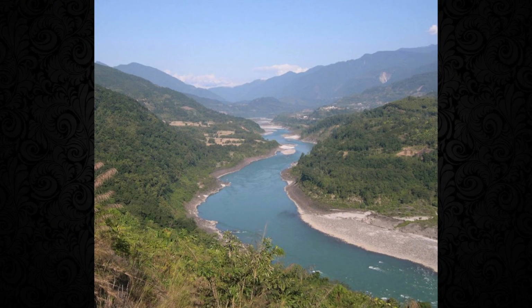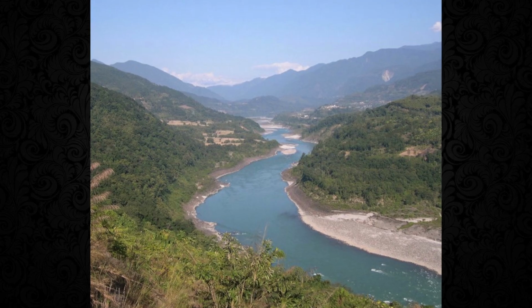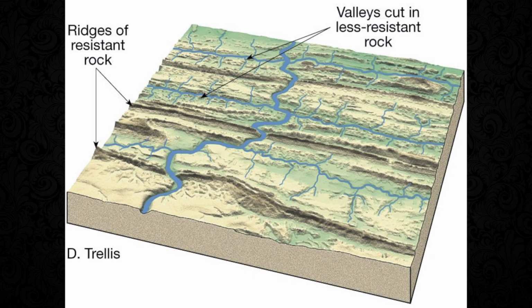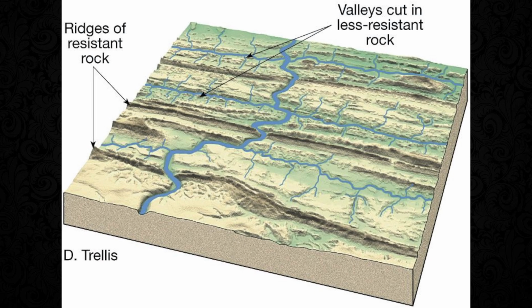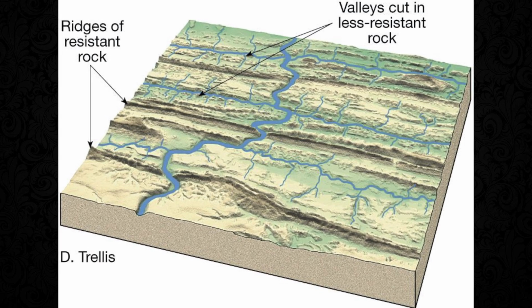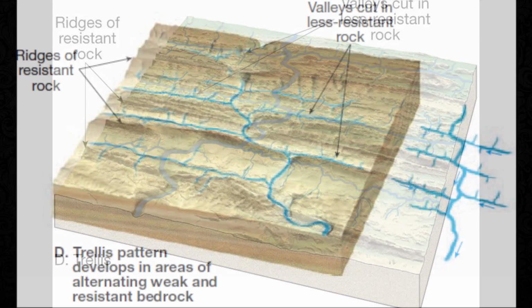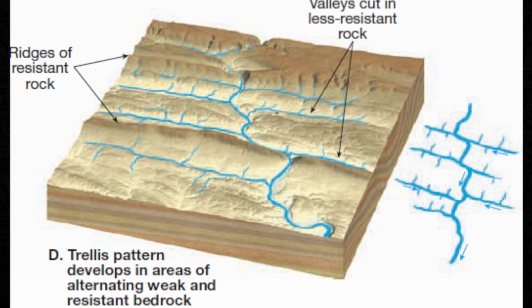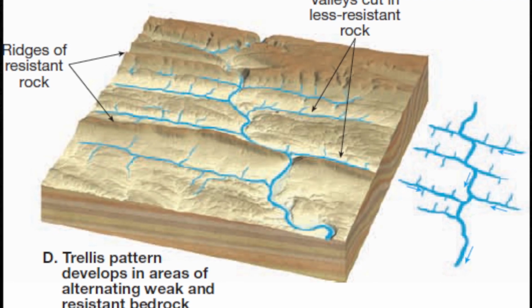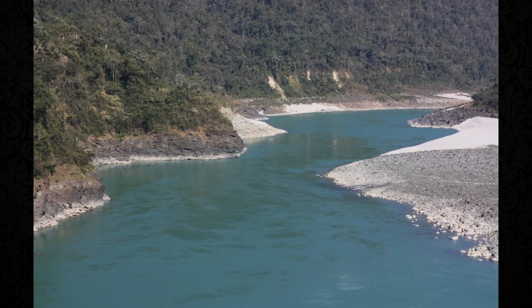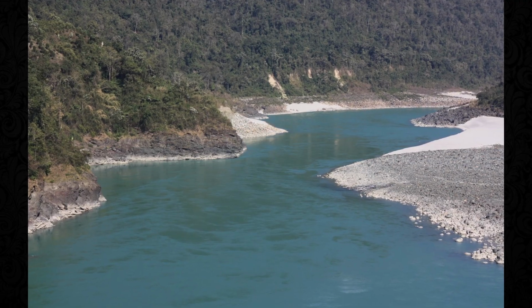The consequent or main river follows the direction of general slope, while the tributary streams follow the direction of the strike and meet the main stream at right angles. The trellis drainage system is well developed in the Appalachian regions of the USA, where hard and soft rocks are found in alternate bands.